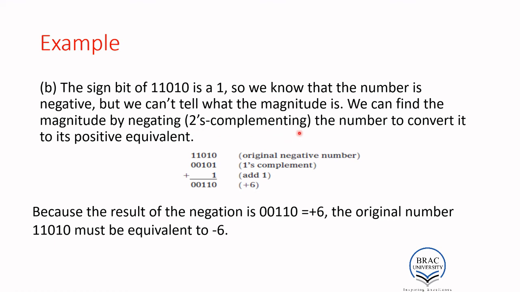Just do the 2's complement. So you have 11010, take the complement, add 1. This becomes 00110, which is plus 6. So the original number 11010 must be equivalent to minus 6, because the result of the negation is plus 6.